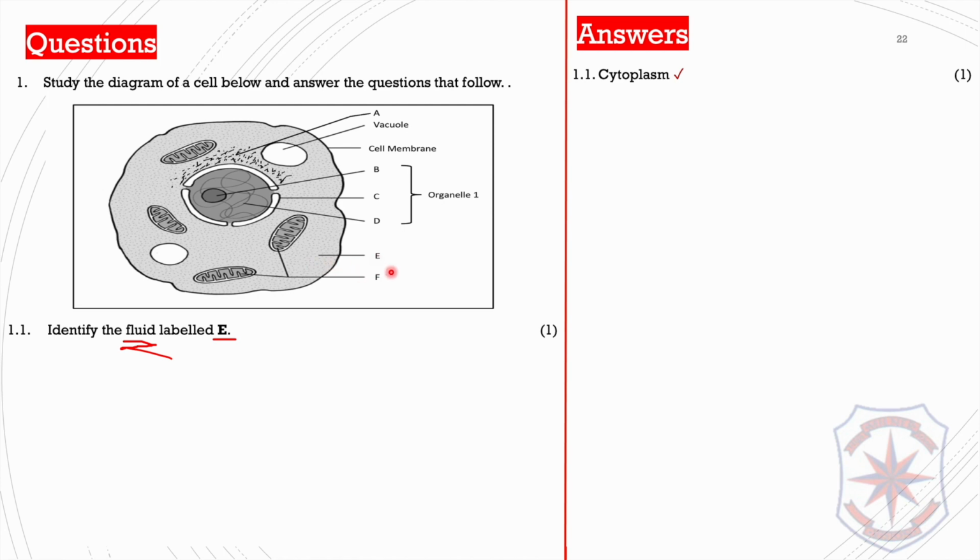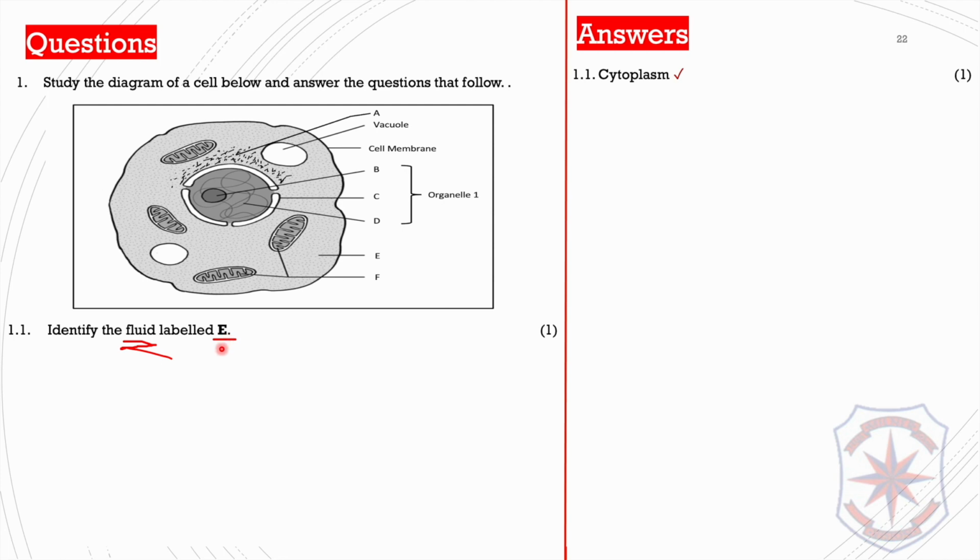This fluid is the fluid that is contained within the overall cell, right? So it cannot be the nucleoplasm. Remember, the nucleoplasm is inside the nucleus, plasm of the nucleus. So the cytoplasm is the plasm of the cell. Hence, cytoplasm, 1 mark.